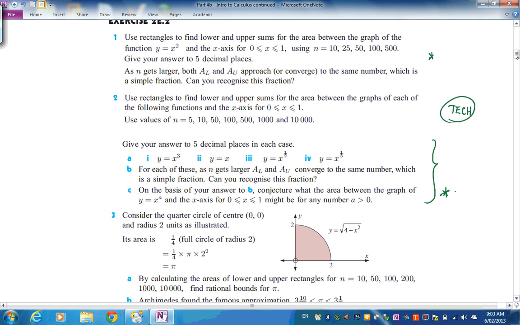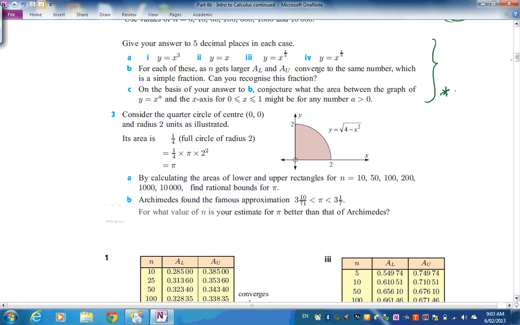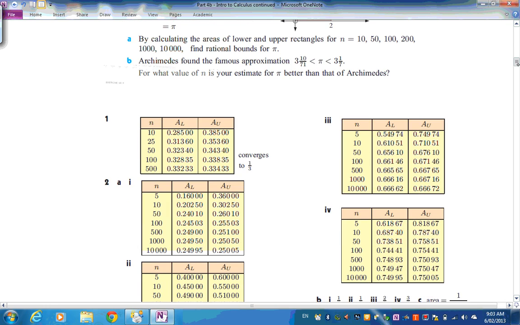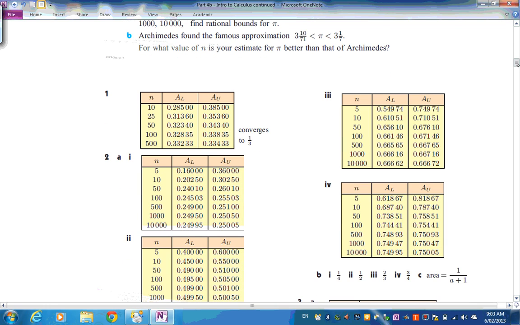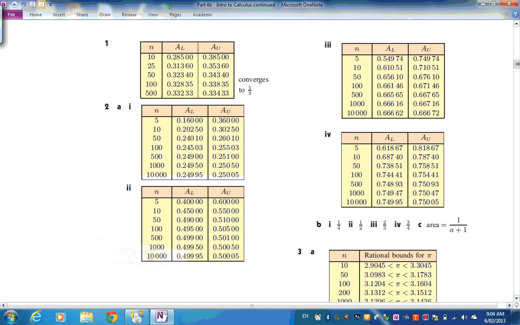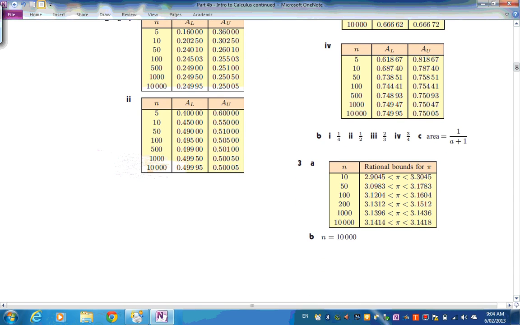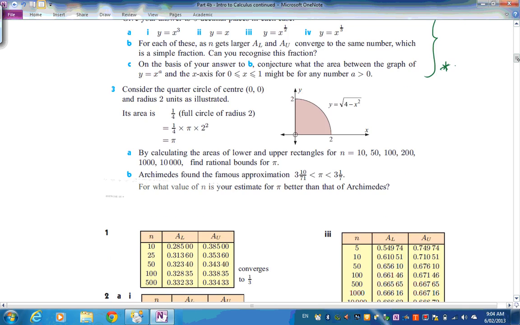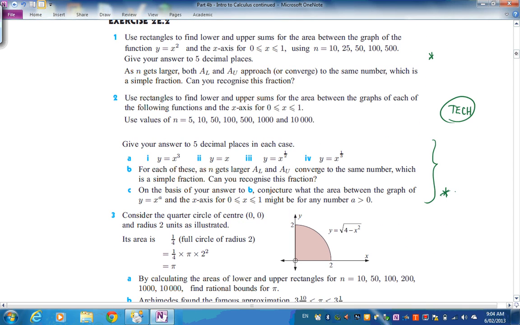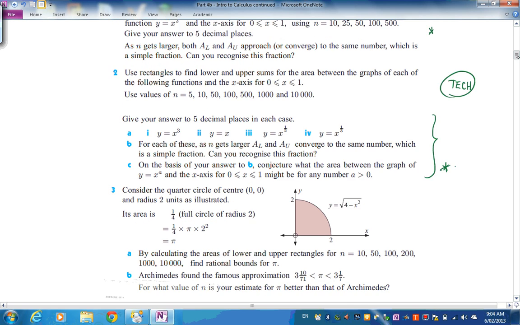So come down here a bit, there's question 3, and we'll bring the answers up here, so check whether on your calculator you got this set of answers. We'll stop there for a minute so that you can pause that and then go on. Coming down here in number 3, there we are. So I'll return you back up here to these problems, all calculator problems now. Do all the upper and lower sums on the calculator.